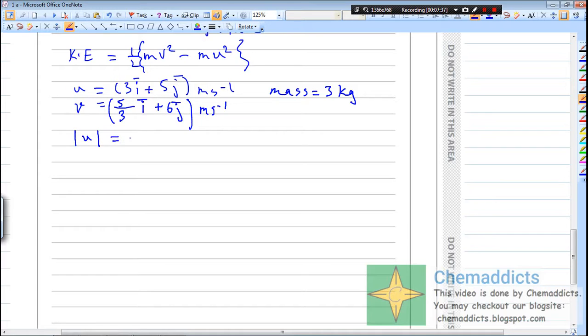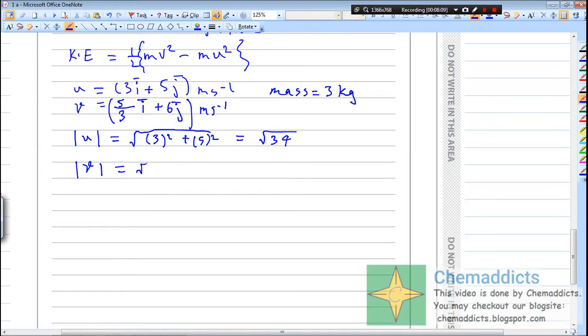The magnitude of initial velocity comes like this: 3 square plus 5 whole square, which gives us the result as root over 34. Now let us find the magnitude of final velocity.